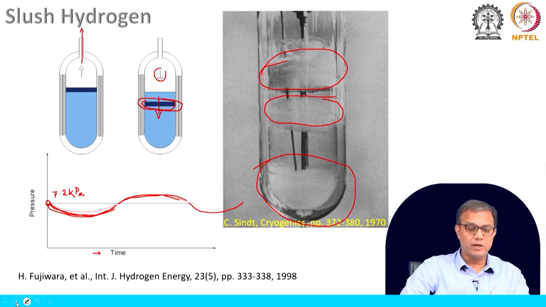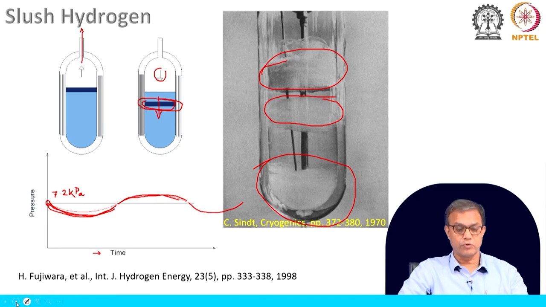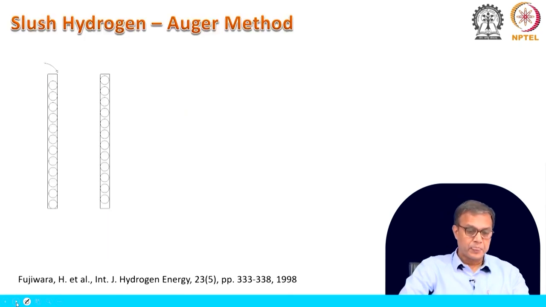But for bulk production of slurry hydrogen, we may have to take a different route, which we call the auger method. For producing slurry hydrogen, we understand that it has to come to nearly 13.9 Kelvin or below 14 Kelvin, so that the hydrogen will exist in the solid phase.